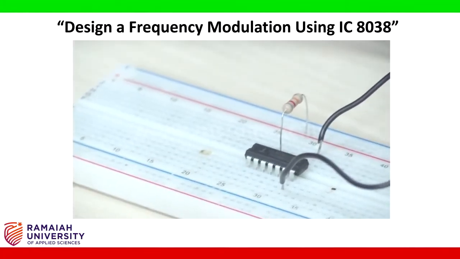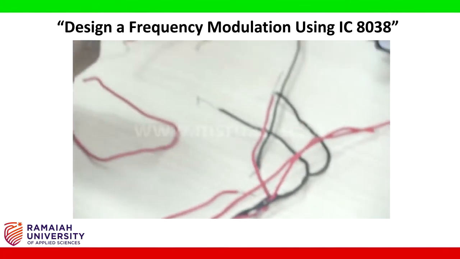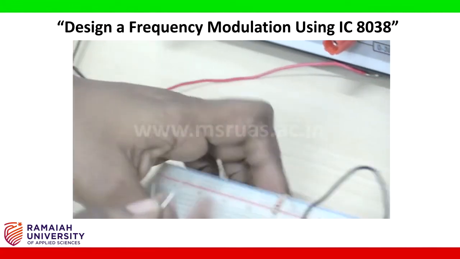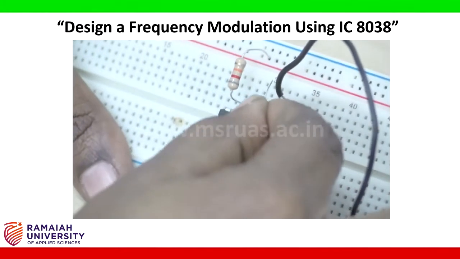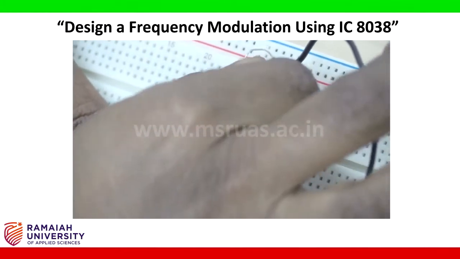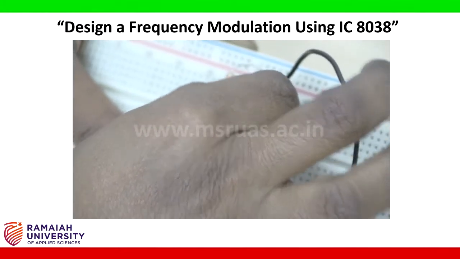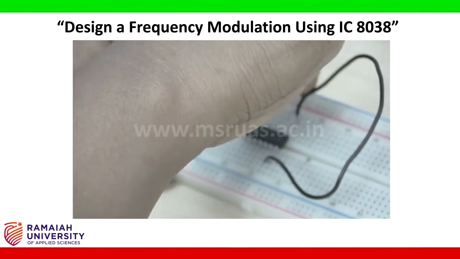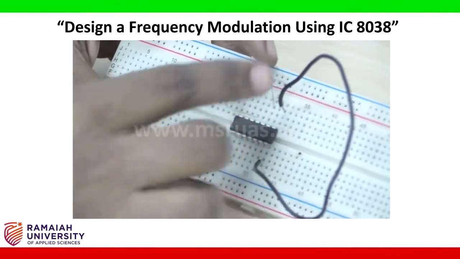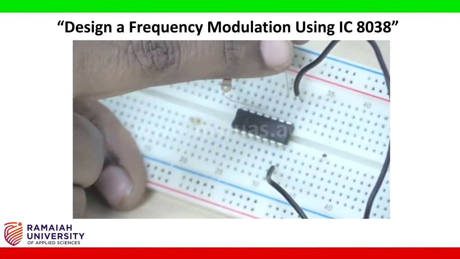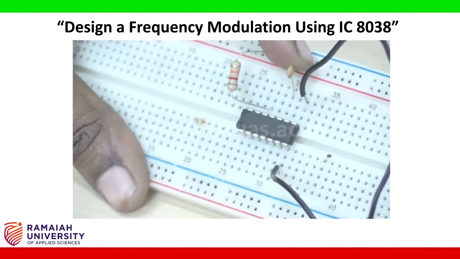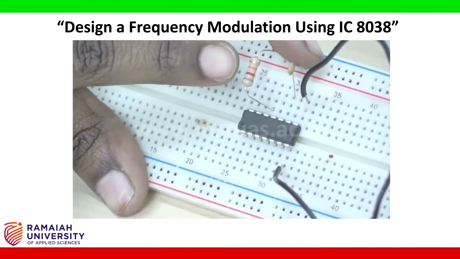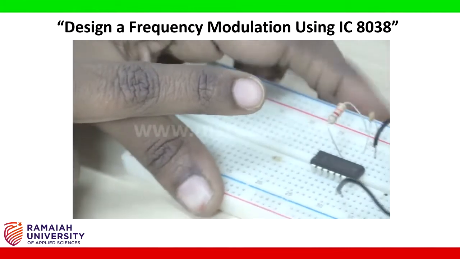Next, take a 1 nanofarad capacitor and connect it from pin number 10 to the negative power supply. So pin number 10 to negative power supply, we have a 1 nanofarad capacitor. Pin number 12 to negative power supply, we have an 82 kilo ohm resistor.